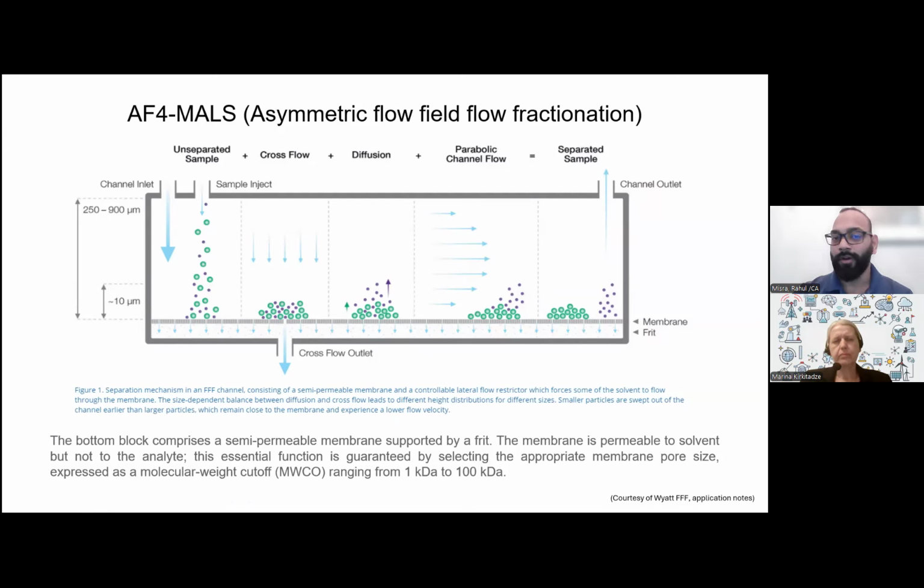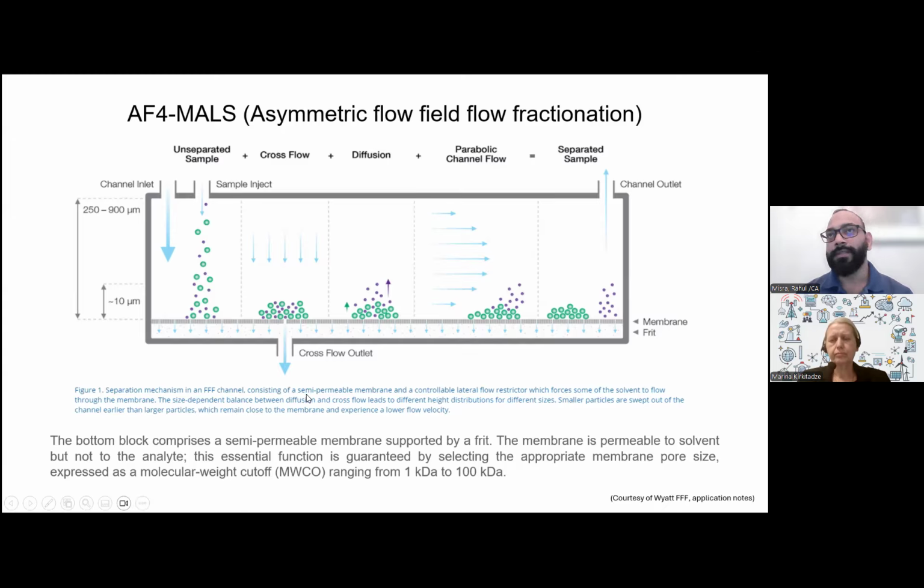Size exclusion chromatography is a very common technique used in industry and academics and in different fields, not just in pharma, to separate particles of different size as they flow through the column, which is packed with beads of different size. The larger particles spend less time in the column, while the smaller particles, as they pass through the beads, spend more time and elute out later.